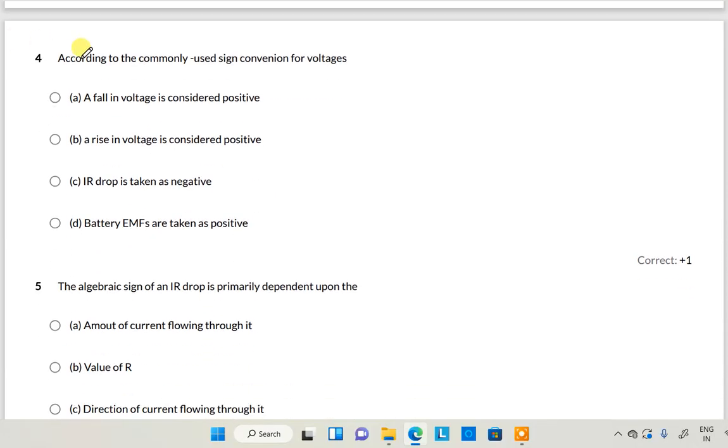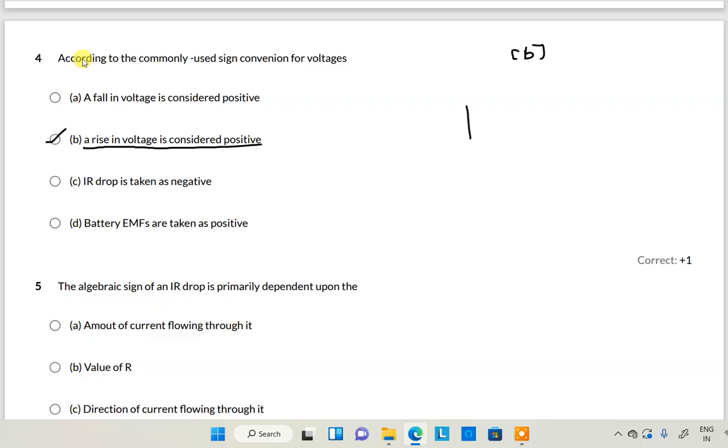All of you following? According to the commonly used sign convention of voltages, this we discussed in detail in the theory class in our app. According to that, a rise in voltage is considered as positive, so option B. What is meant by rise in voltage?